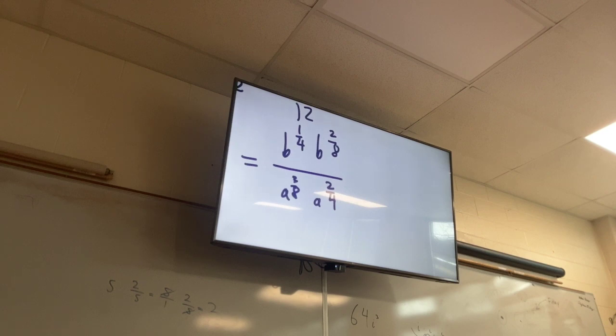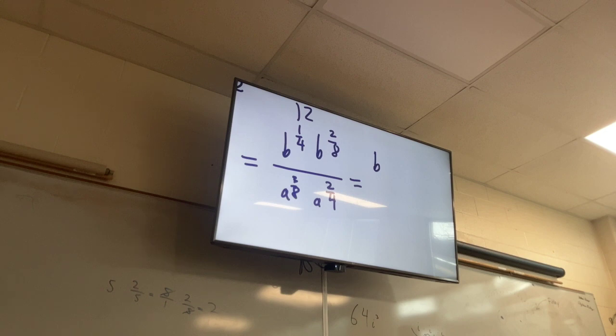Okay. My last step is what? How do I combine b to the 1/4 times b to the 2/8? You're jumping ahead. I'm going to add those exponents in the top. So that's going to be what?